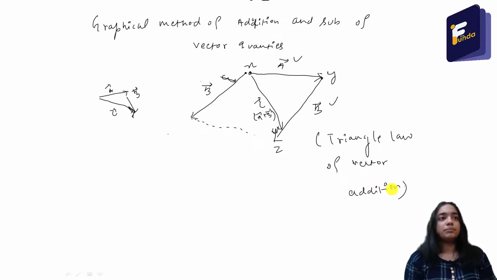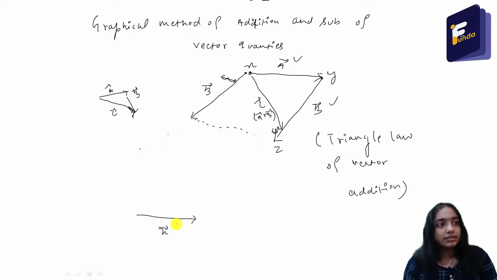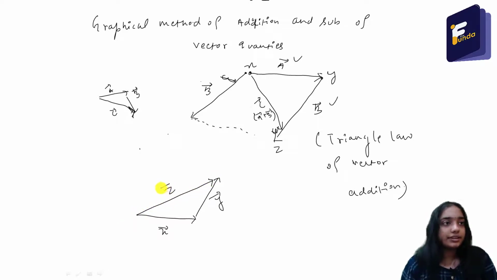Okay, this is simple. So what is the triangle law? If I have to add a vector like this, say X vector, and another vector, say Y vector, how will I add them? I will just draw a vector like this, and this will be Z vector.